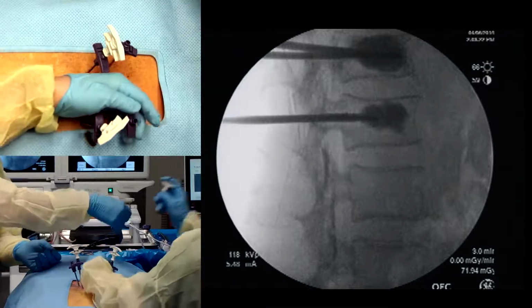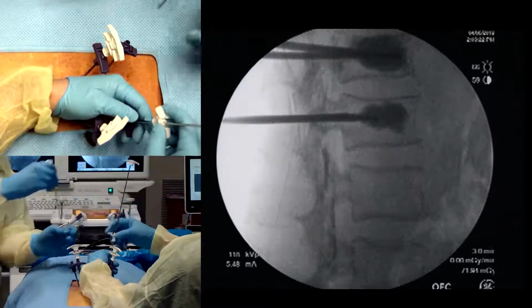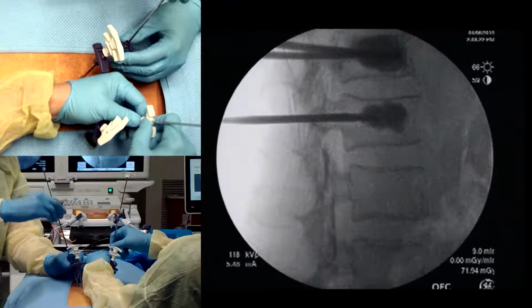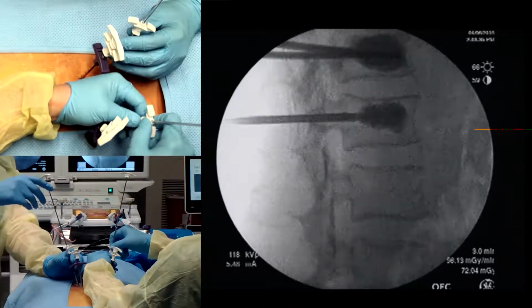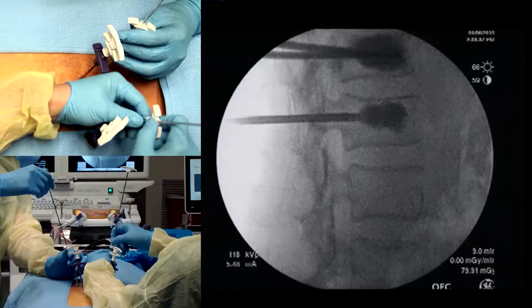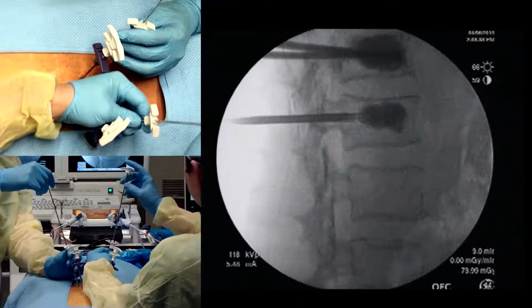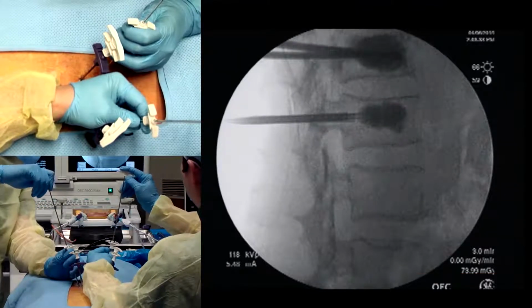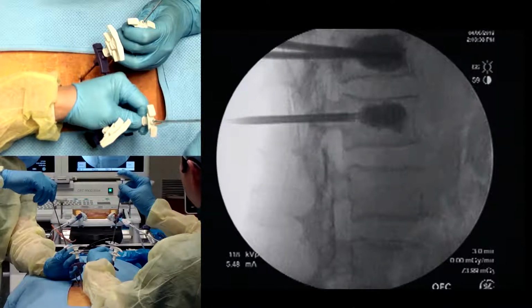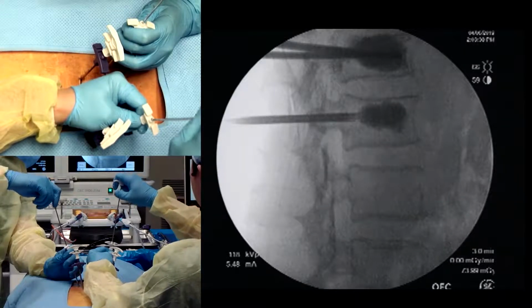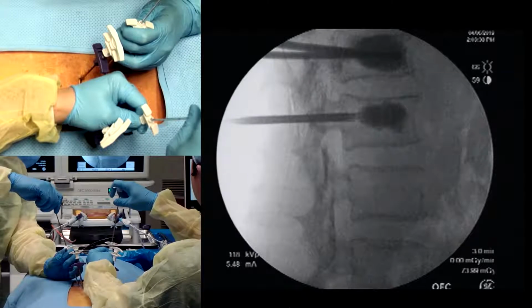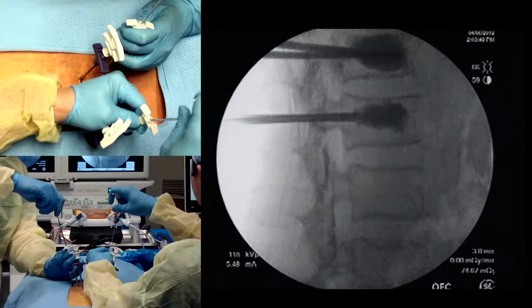It's a new batch. Okay, got it. So this is less doughy, more viscous. Okay, so maybe let's try to fill this posterior aspect. There we go. That's great.